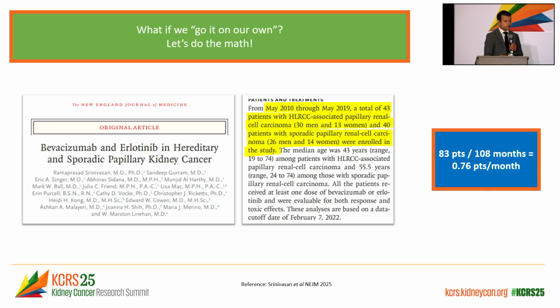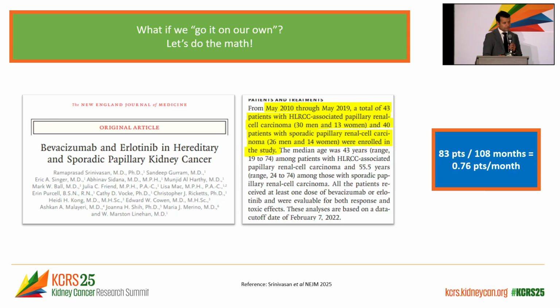I wanted to do a little bit of a mathematical exercise here. This is about as advanced as my knowledge of math goes. I can do simple division here. So I first pulled this very important paper published by Dr. Linehan, Dr. Srinivasan early in the year. This looks at bevacizumab and erlotinib in the context of both hereditary and sporadic papillary kidney cancer.